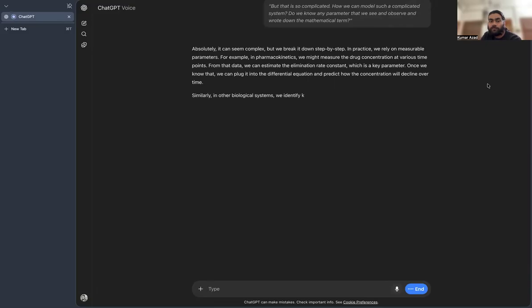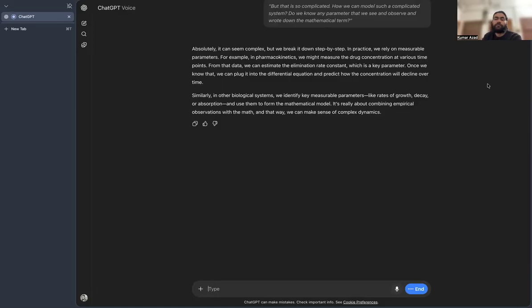Similarly, in other biological systems, we identify key measurable parameters like rates of growth, decay, or absorption, and use them to form the mathematical model. It's really about combining empirical observations with the math, and that way we can make sense of complex dynamics.